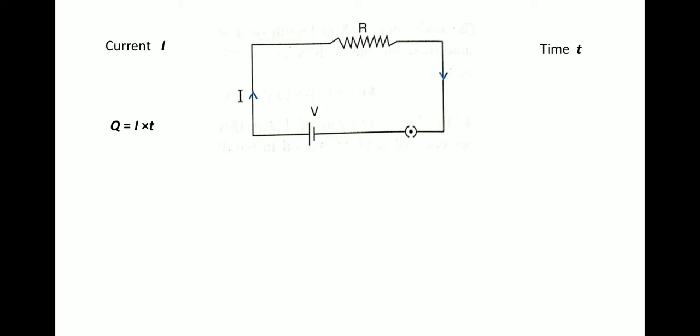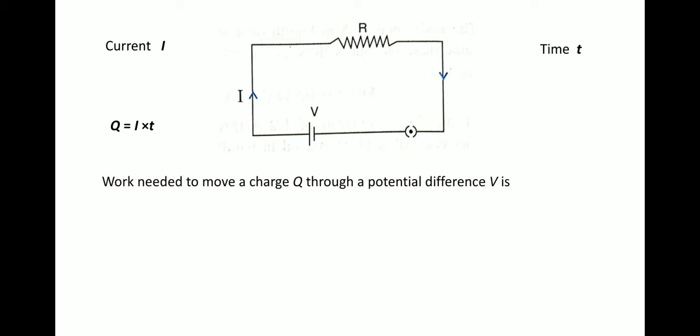Over here we have learned that the potential difference is the work needed to move a charge Q through the potential difference of V. So we can say that work done W is equal to QV, and since Q is equal to I into t, replacing Q over here, we'll get W is equal to VIt. This work done W is actually the electrical energy.